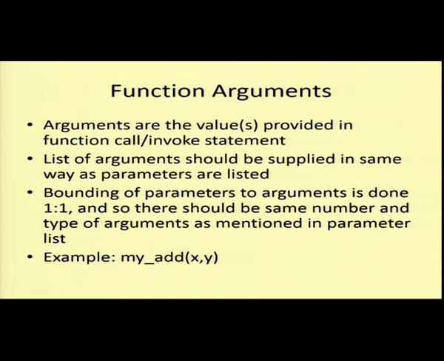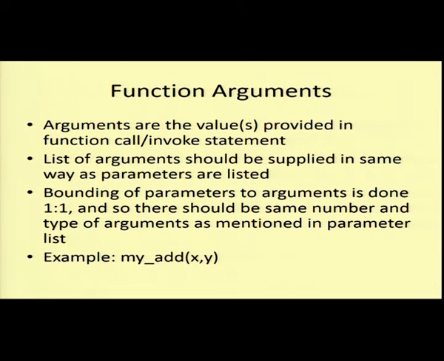Now let us see about the function arguments. The function arguments are the values provided in the function call or invoke statement. The list of arguments should be supplied in the same way as the parameters are listed.